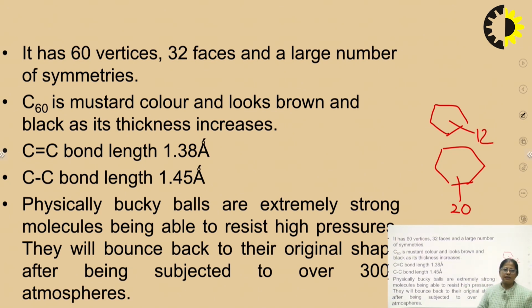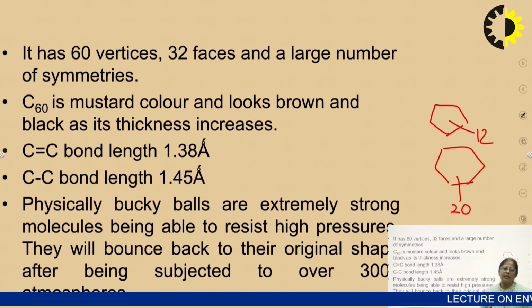Now this C60 is a mustard color solid which looks brown and then black on increasing the thickness of the material. The bond length of carbon double bond carbon is of the order of 1.38 angstrom, whereas the carbon single bond carbon bond length is of the order of 1.45 angstrom.